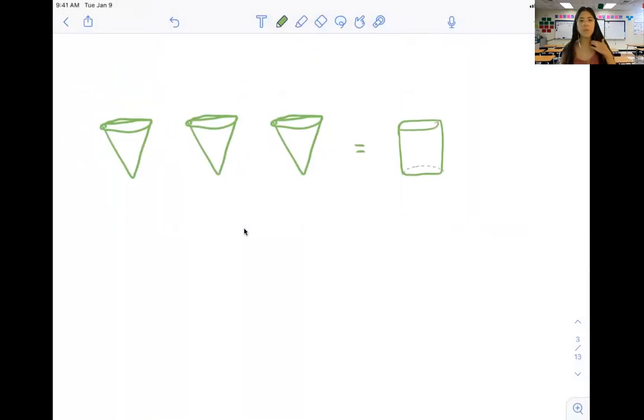Okay. Well, let's talk about what is the volume formula for a cylinder. From yesterday's class, what is the formula for a cylinder?